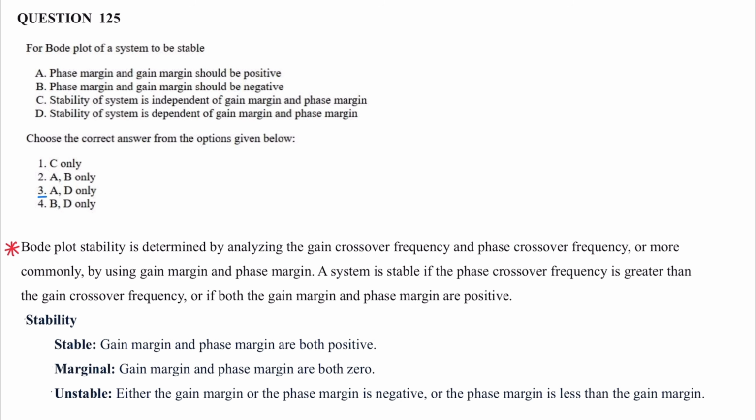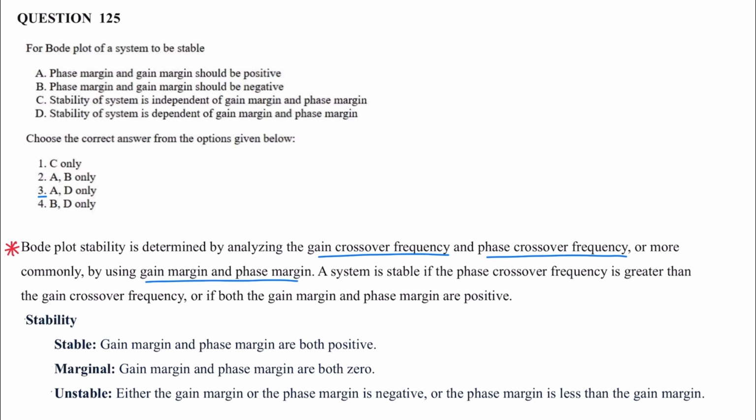Question number 125. For a Bode plot of a system to be stable, we know that the Bode plot stability is determined by analyzing gain crossover frequency and phase crossover frequency by using gain margin and phase margin.